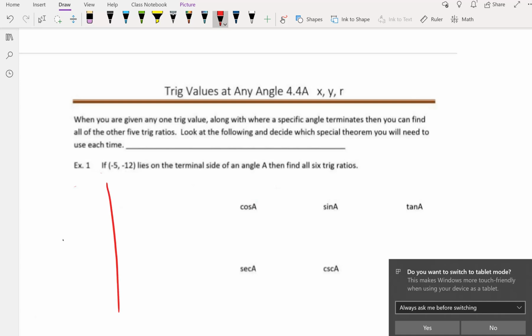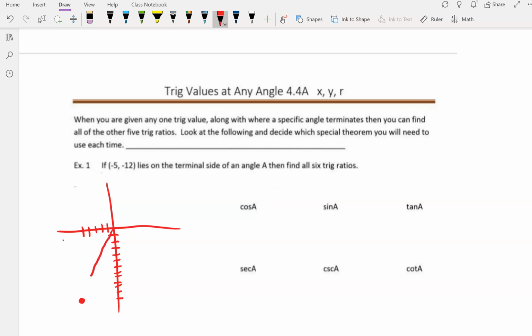You might already know. All right, so we're given a coordinate point. So -5, -12. All right, and then I am going to draw my line.